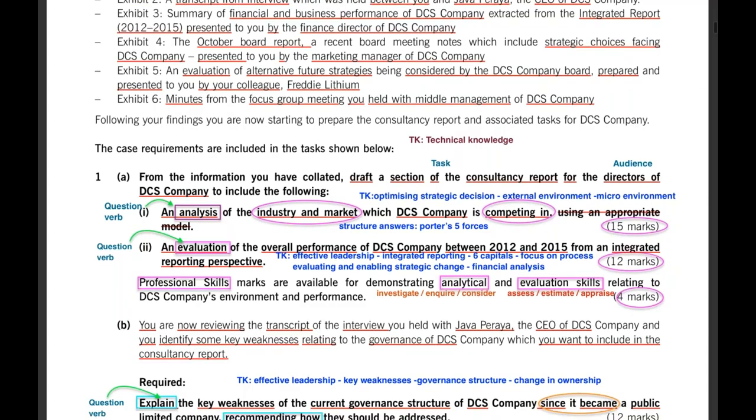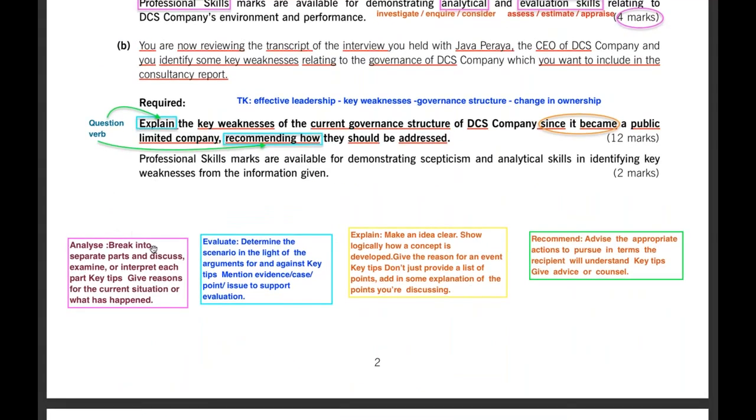I've already put down here what analyze means. Basically, you have to break it into separate parts and discuss, examine, interpret each part. The key tip for how you are going to address the analysis is to give reasons for the current situation or what has happened.